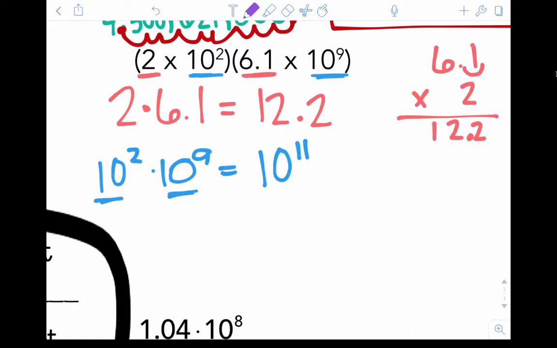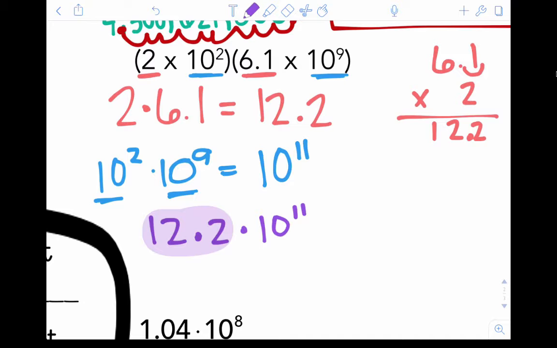And now I need to put this together. So this is going to be 12.2 times 10 to the 11th. So this is written in that notation, but this is not correct scientific notation because this number right here is not between 1 and 10.